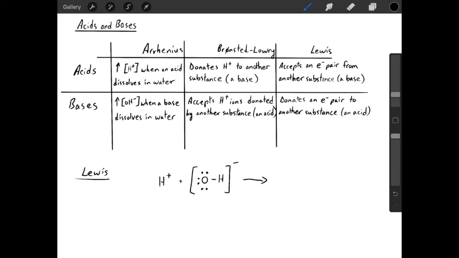In this case, our H+ ion has no electrons available to it, so it can accept an electron pair from another substance. So the H+ is a Lewis acid. The OH- ion has a lot of lone pairs of electrons that it can afford to donate to another material, so it becomes a Lewis base.